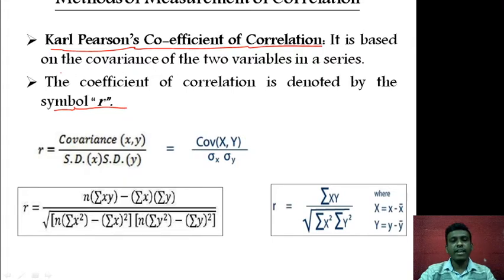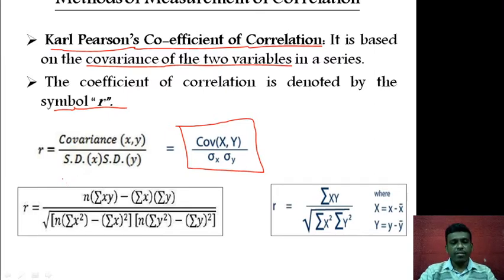The formula to find r, the coefficient of correlation, is: r equals covariance between x and y upon standard deviation of x multiplied by standard deviation of y.